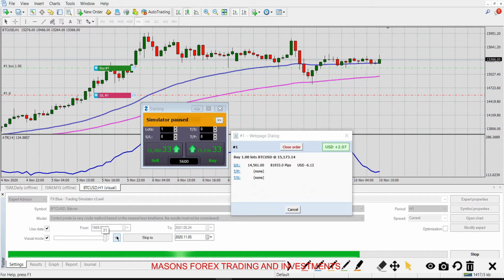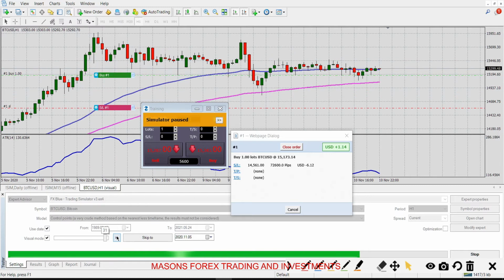Also to mention, with this simulator, you'll get a lot of experience trading Bitcoin. You can test as many times as you wish, just to give you more confidence and more belief in yourself and more belief in the system.